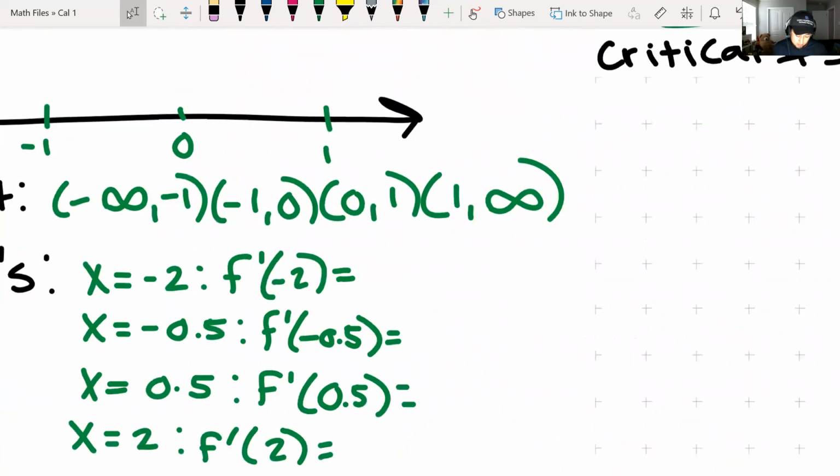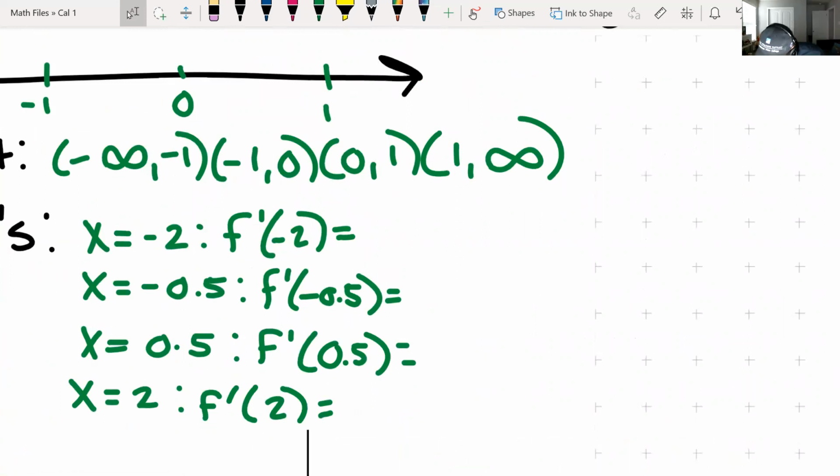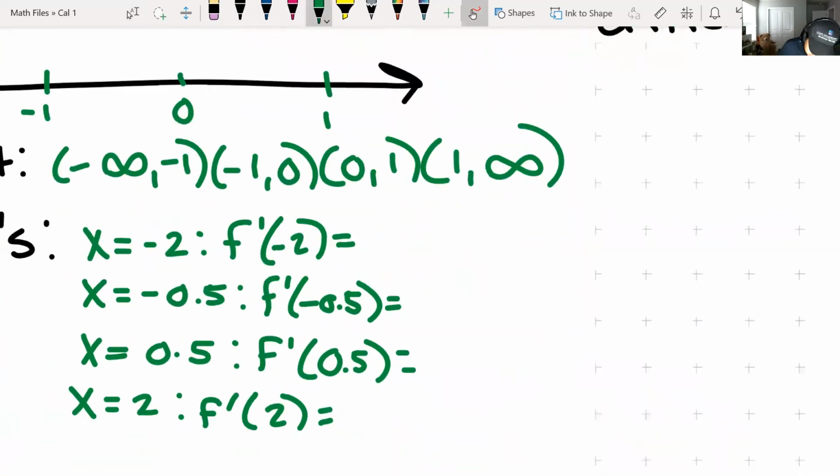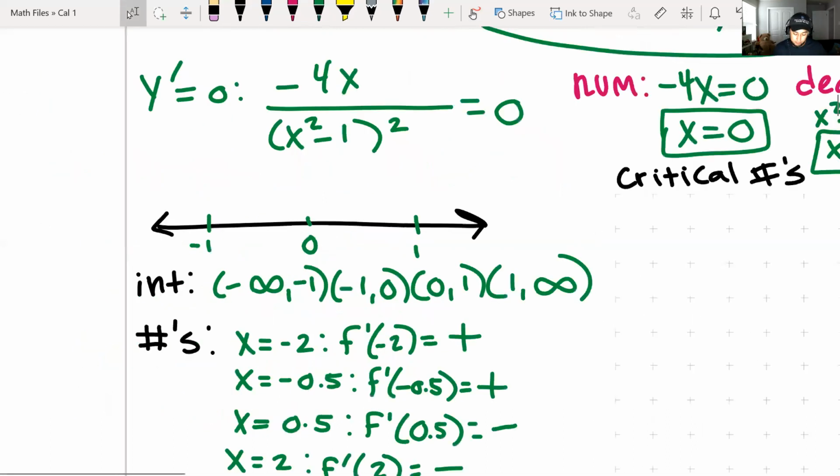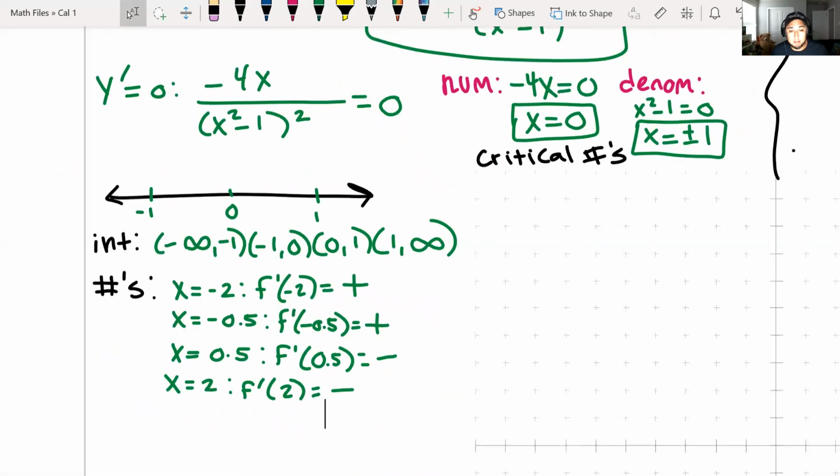Remember, I don't care about the number, I only care about the sign. So -2, I get positive. -0.5, positive. 0.5, negative. 2, negative. So plus, plus, minus, minus.